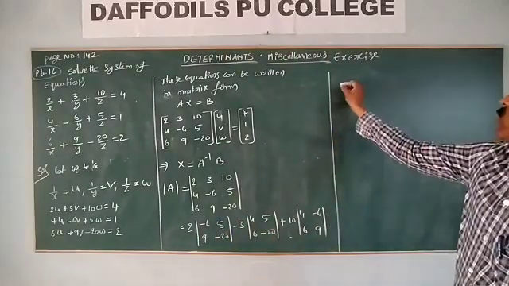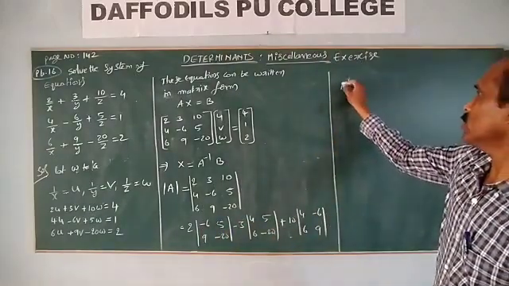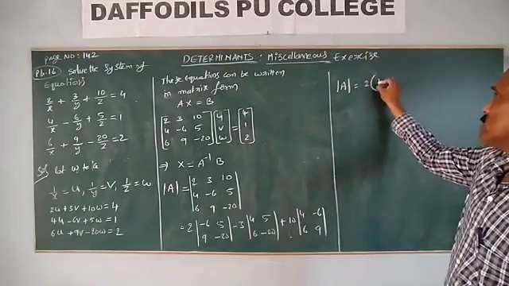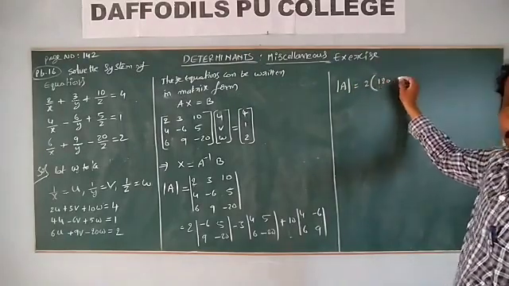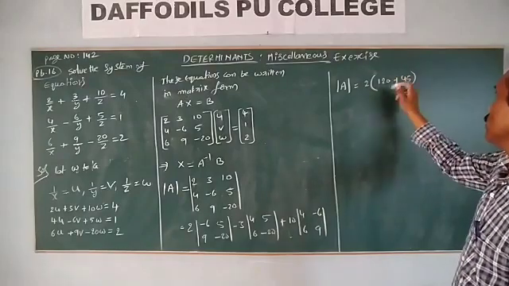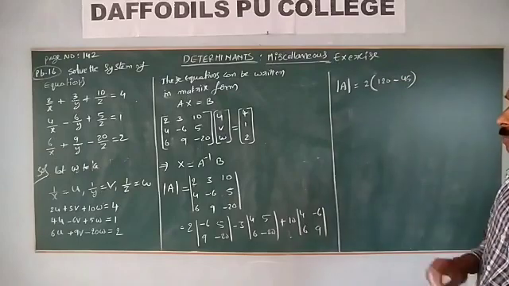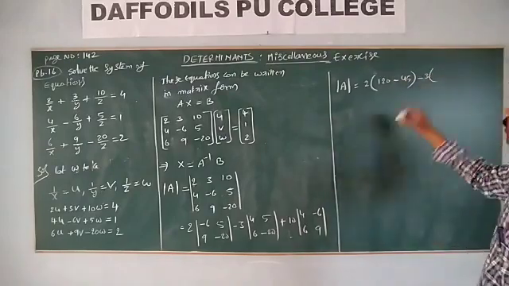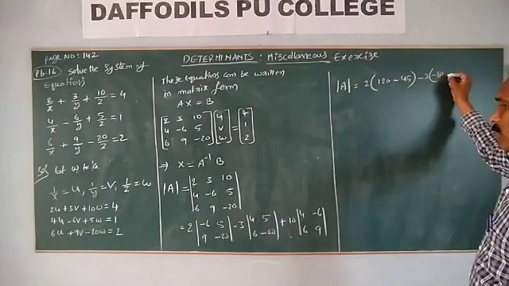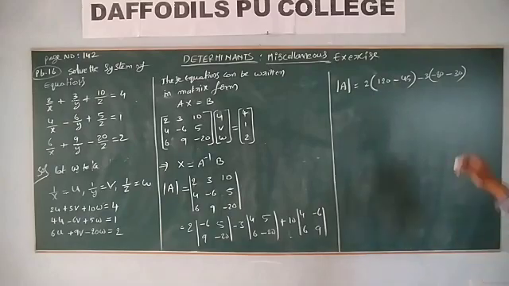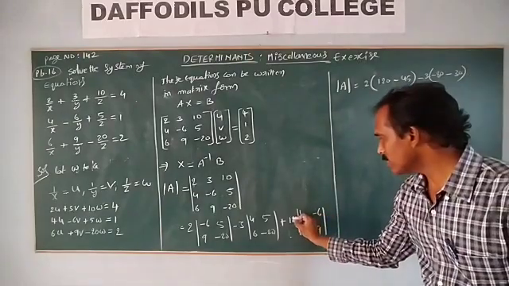Determinant value: 2 times, minus 6 into minus 20 is 120, minus 5 into 9 is 45. Minus 3 times, minus 80 minus 30.